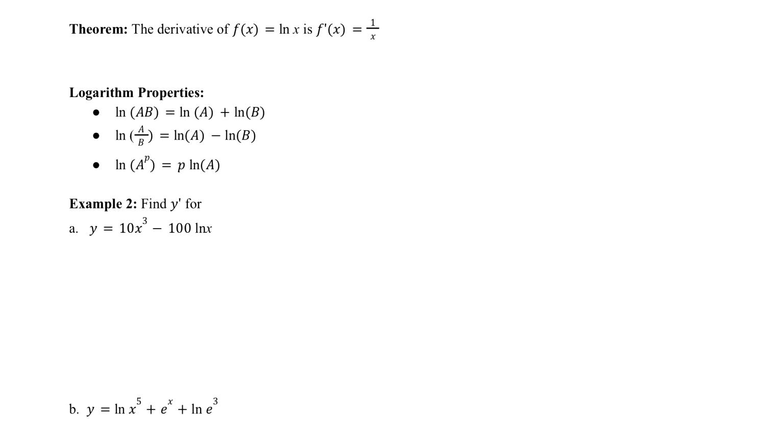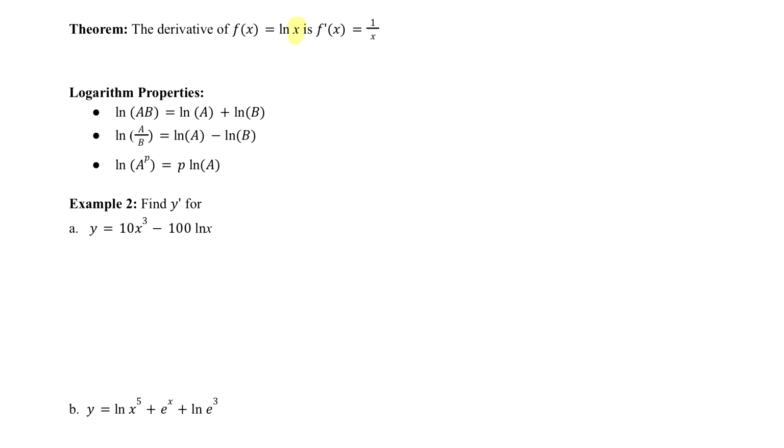And my last logarithm property is a little bit trickier. It's natural log of a to the p power. I can rewrite that exponent p as a factor, so that's p times natural log of a. The reason we'll need these is that this derivative rule only works if I have the derivative of, say, natural log of x.